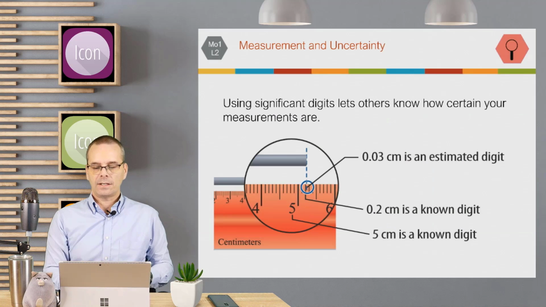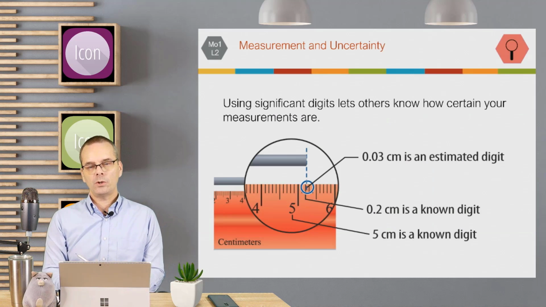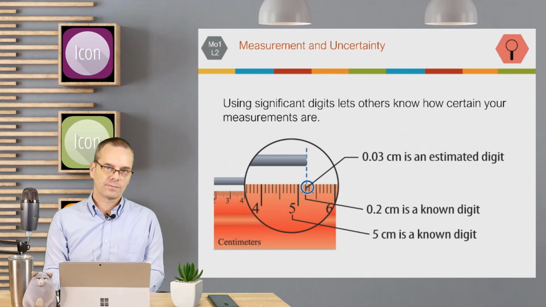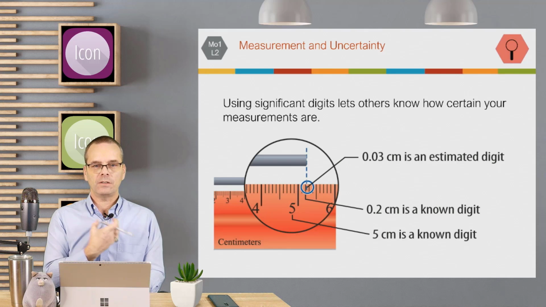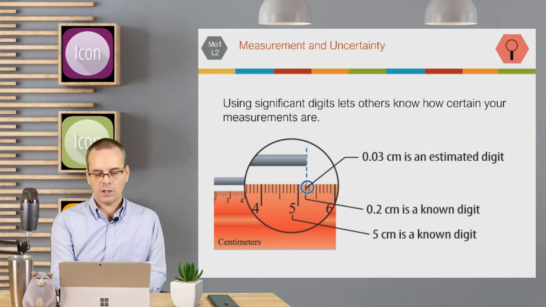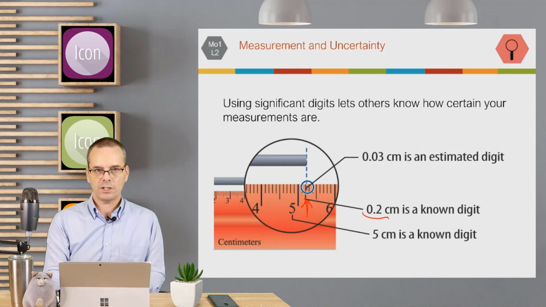Okay? Now, why do we use significant digits? Well, significant digits tell us how confident we are and how much we believe in our measurement. And if you look at this example, we know that 0.2 is a confirmed digit. It's a known digit.